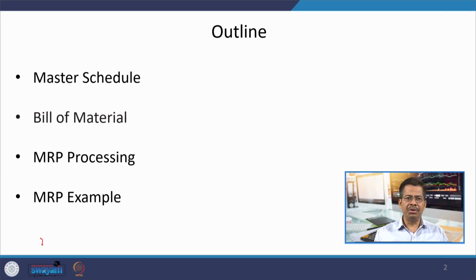Now, in this particular class, we will see how we are going to do this entire MRP development. For that purpose, as we already discussed, there are 2-3 very important inputs: master schedule, bill of material, etc. And then we are going to do the MRP processing with the help of an example.